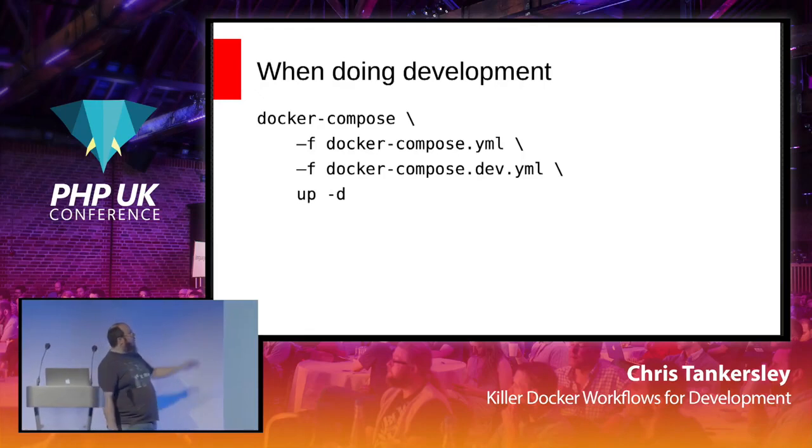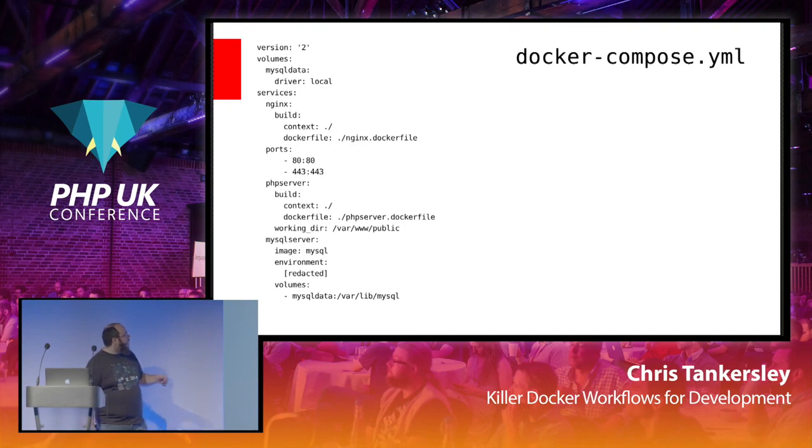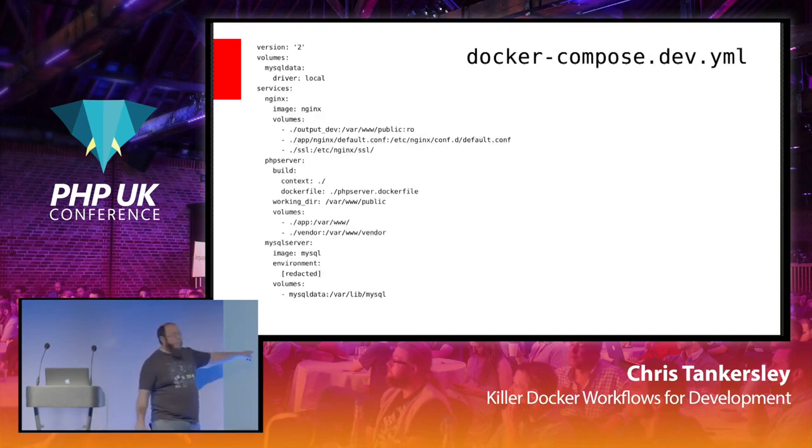Then to use it, you just stack the -f. It does go left to right and override. So first it'll take Docker Compose, and then it will layer dev on top of it. One other little gotcha is that for anything that's an array, like ports or volumes, it does not replace, it appends.